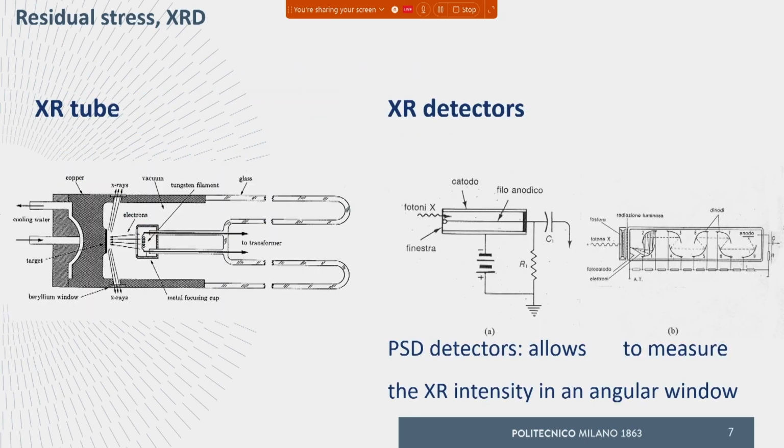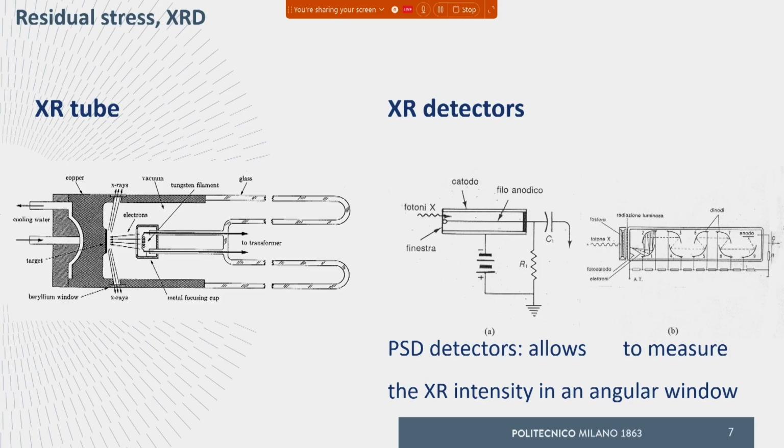And this is an X-ray tube, a schematic view of an X-ray tube, and two possible X-ray detectors. Indeed, how can we form the X-rays? We need a very high voltage.